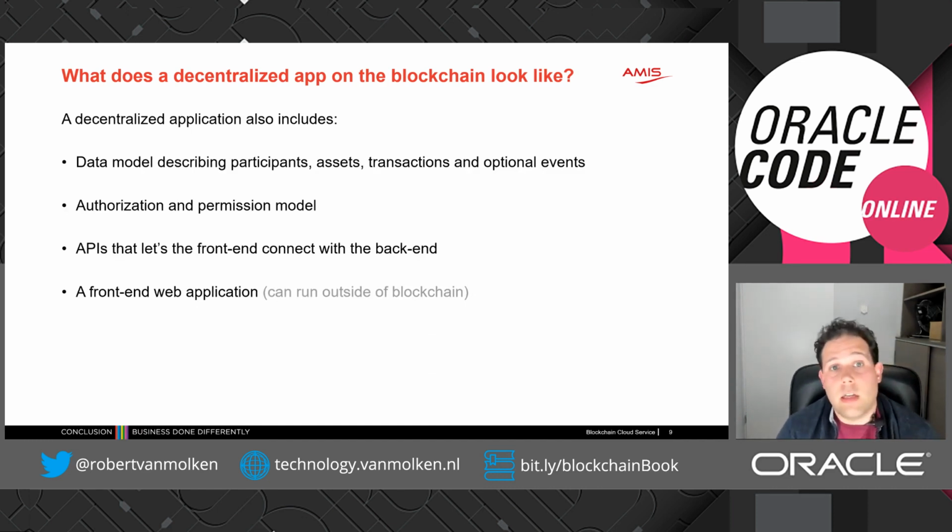So a web application can react on the event that is sent out. Besides that, a decentralized application also includes, I think one of the most important things, the data model, and that describes the participants, assets, transactions, and optional events. Participants can be network participants, but in the case of a decentralized application, like the smart contract, it describes the users within the application itself.